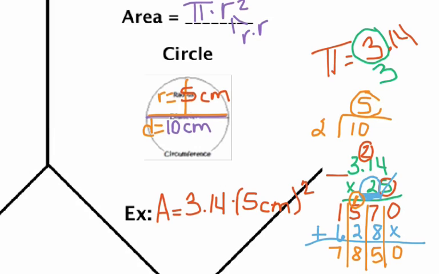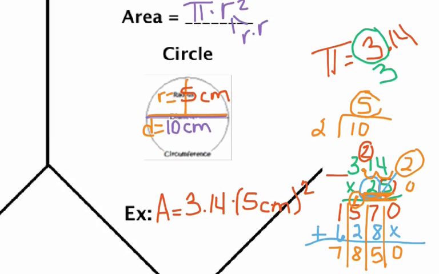But I'm not finished. I still have a decimal up here that I have to consider. When we are working with multiplying, we don't have to line up the decimals. We are counting how many decimals are in our problem. So I'm going to count 1, 2 decimal places in this set of numbers, and there are no decimal places in the 25.